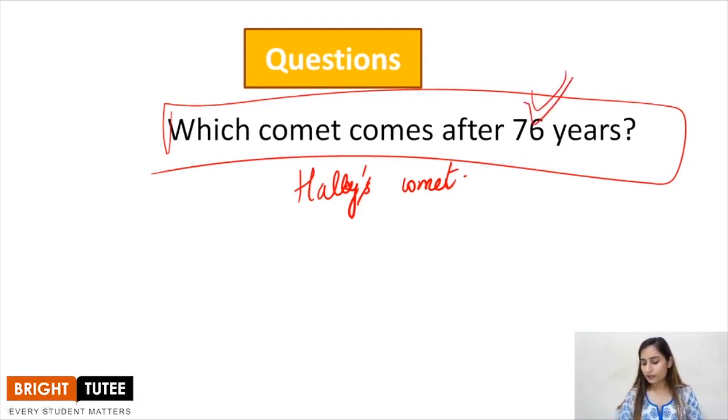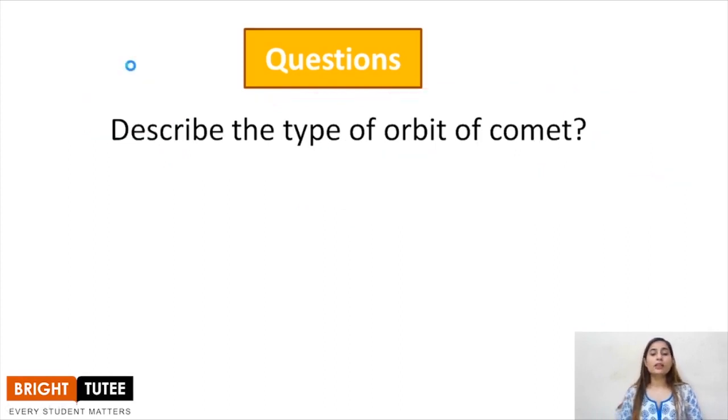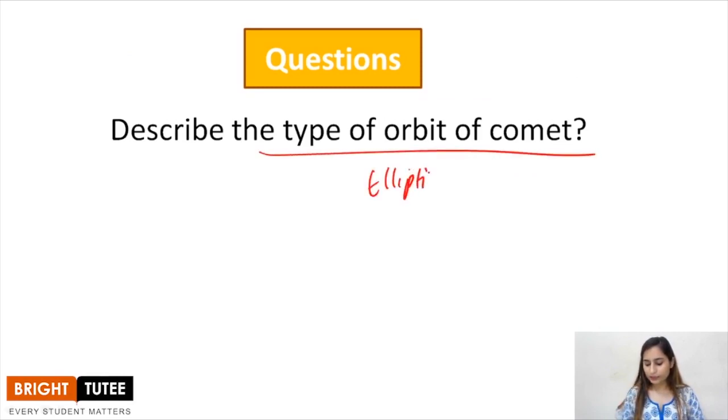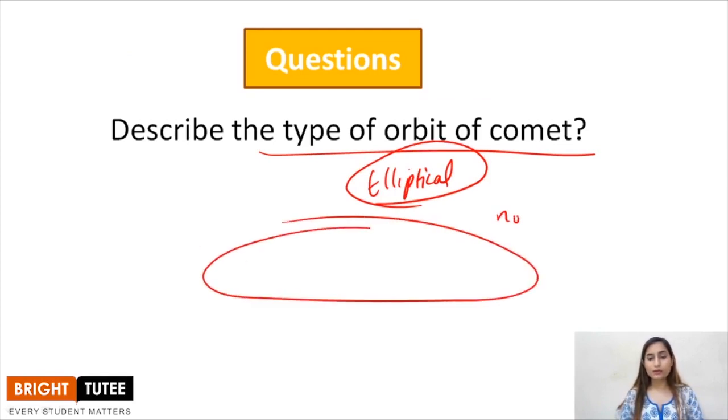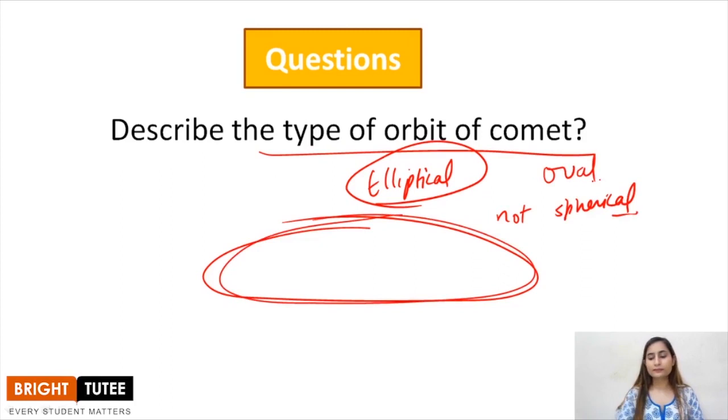Every 76 years we see Halleys Comet, and the next it will be seen in 2062. Right? Now describe the type of orbit of comet. The type of orbit of comet is elliptical. As I have already described, it has an elliptical orbit which is this shape, not spherical. It is not spherical, it is elliptical, somewhat oval, you can say, right?